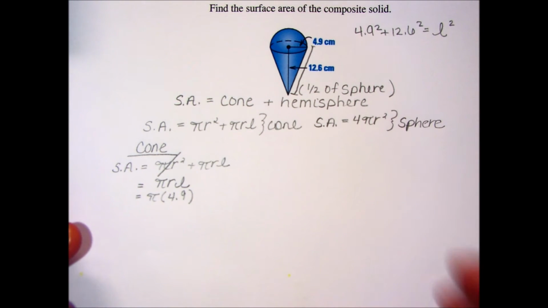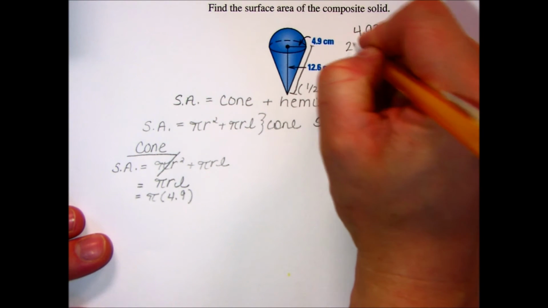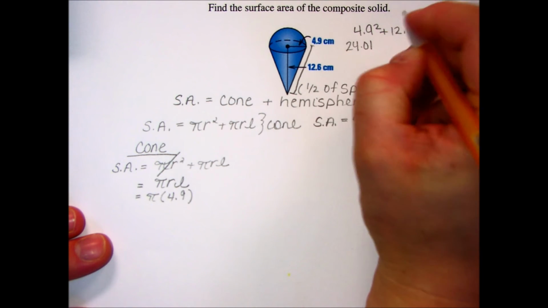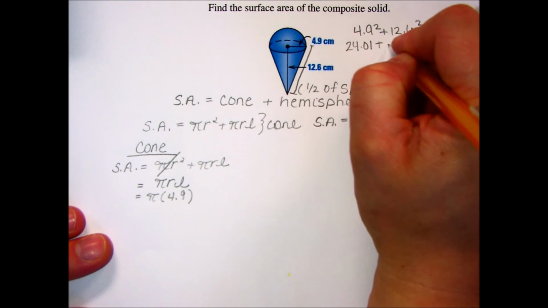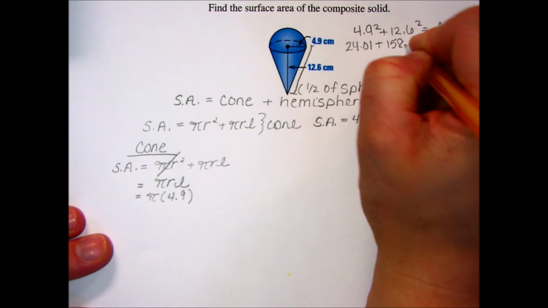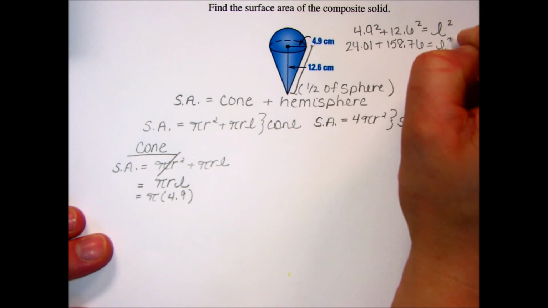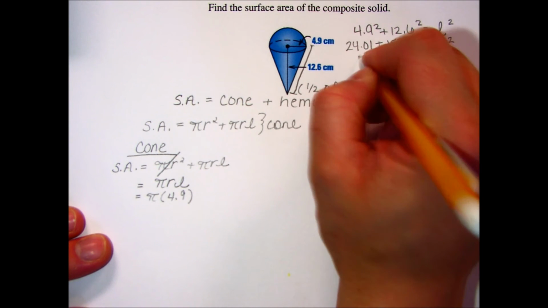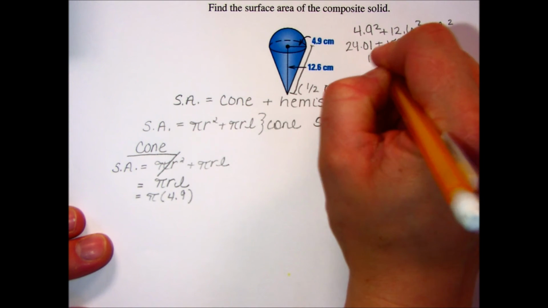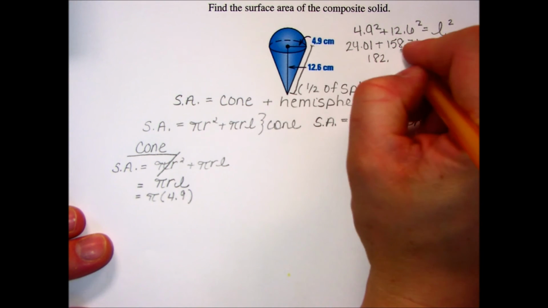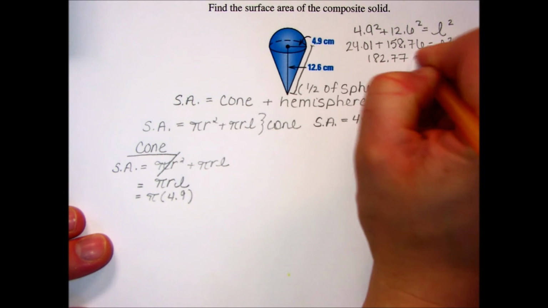Continue to evaluate. 4.9 to the second power is 24.01. 12.6 to the second power is 158.76, and that is set equal to L squared. Add those up to get 182.77, which is equal to L squared.